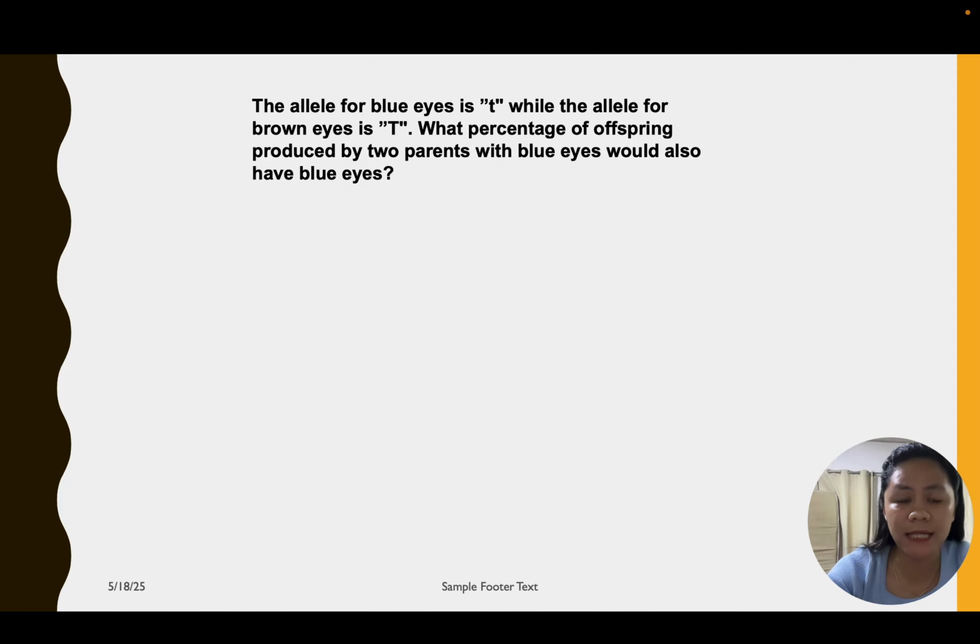Analyzing this question, take note na the brown eyes has not been mentioned in the second part of the question. So, i-disregard nyo yan. The question is, what percentage of offspring produced by 2 parents with blue eyes would also have blue eyes? So, let's focus on the alleles of the blue eyes, which is the small letter t.